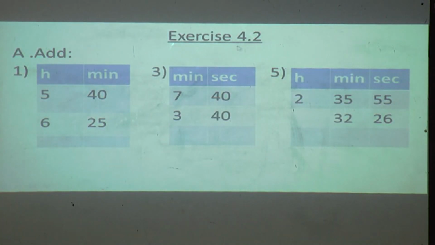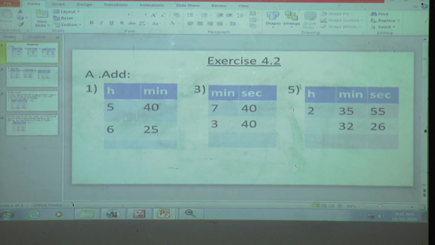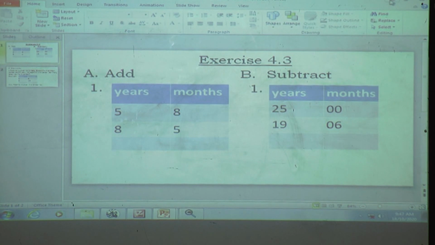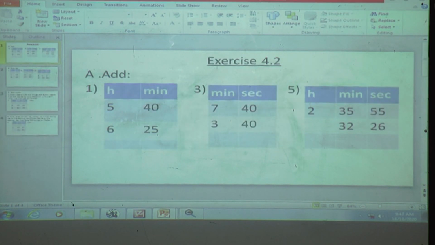Okay. So exercise 4.2, question number A, add. Sorry, exercise 4.1 here. Okay, we'll see here.